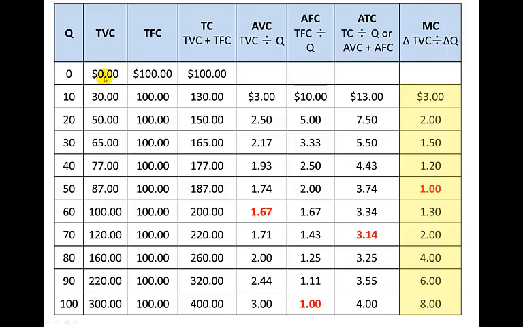Here we go, 0 to 30, or 100 to 130, and that is a change of 30 divided by a change of 10, that's $3. Same thing I could do here. This would be 30 to 50, so that's a change of 20 divided by a change of 10, that would give me 2, and so on and so forth. Note here too that marginal cost also reaches a minimum. So marginal cost is also going to look U-shaped.